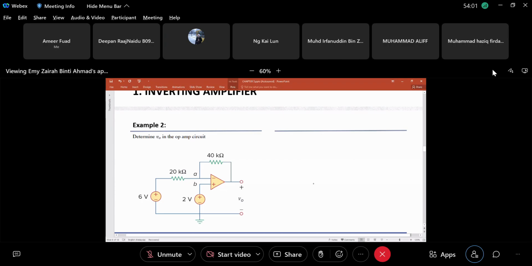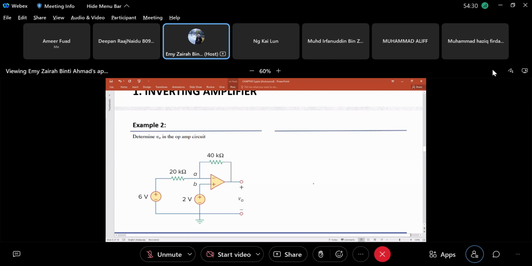Negative 12. Correct? Thank you. So I assume that with the help of understanding to derive KCL at node A, and you expand using the voltage terms, that is the first thing.